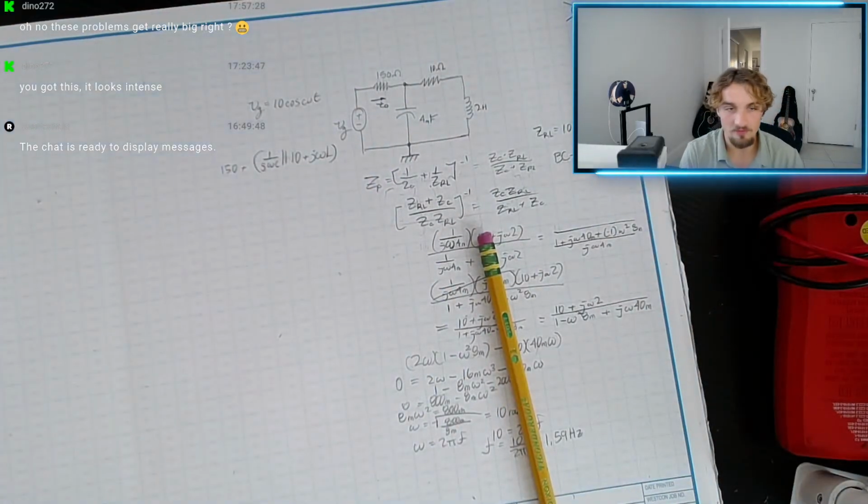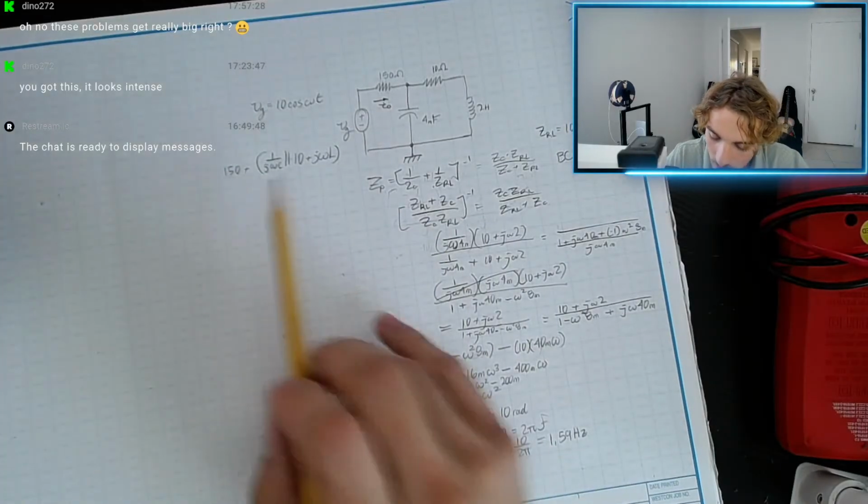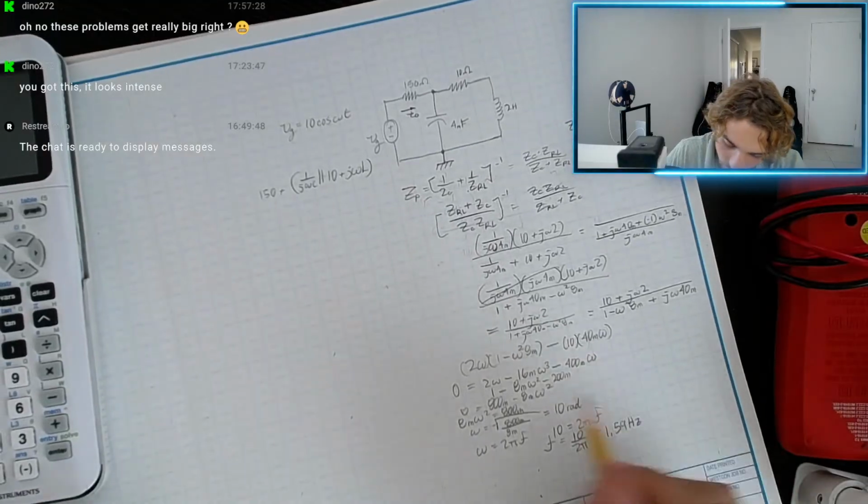Alright, now I'm just going to plug the values into these equations right here. Well, we have that one, so I guess we can write it out a little further.